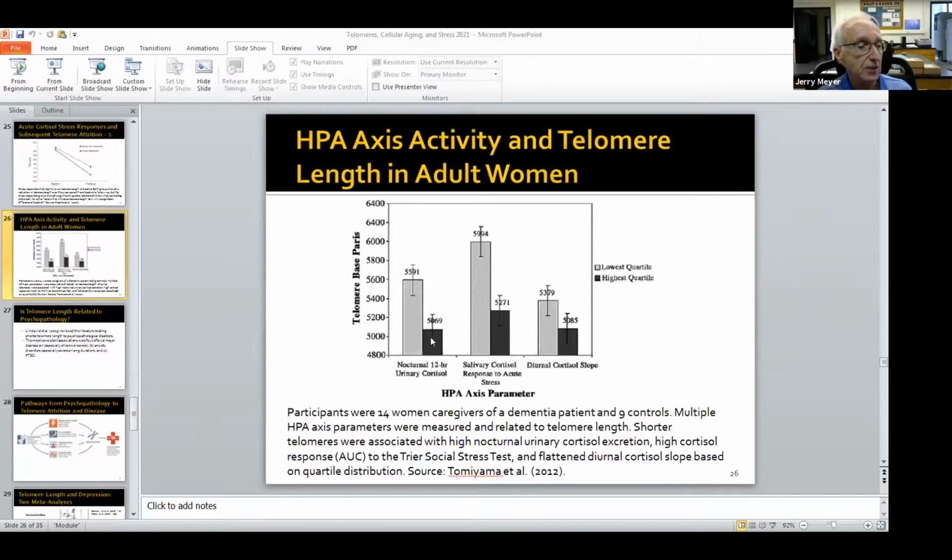The authors looked at nocturnal urinary cortisol excretion, salivary cortisol responses to acute stress, and also slope, which you remember we talked about on Monday morning. If you compare the lowest quartile versus the highest quartile, you see that the telomere length was shorter in every indicator of HPA axis function in the individuals who were high in that parameter compared to the lowest quartile.